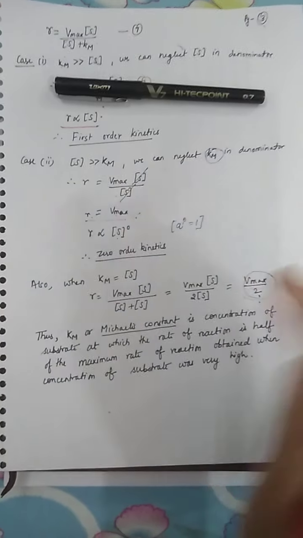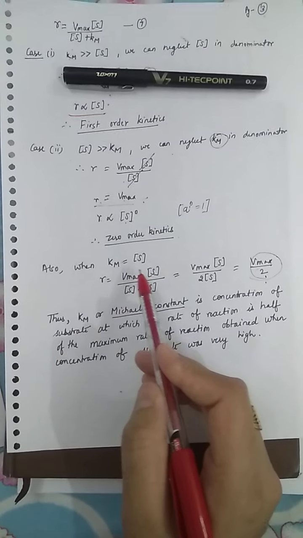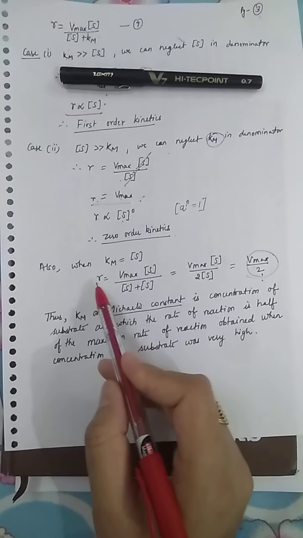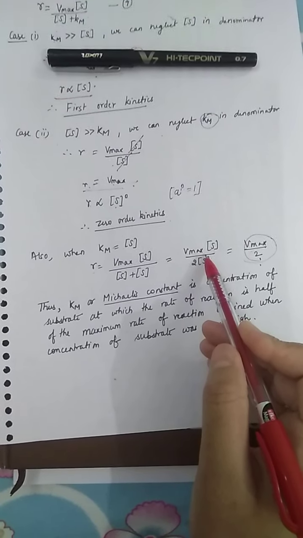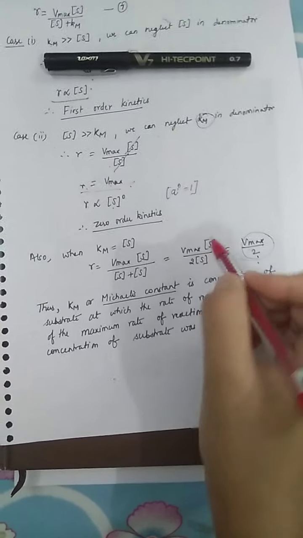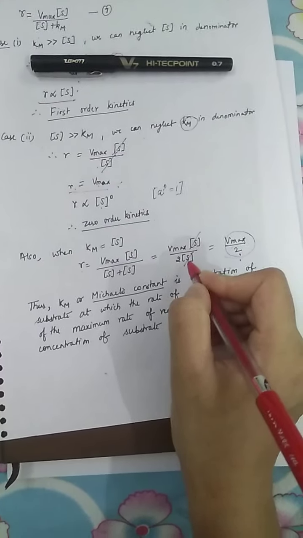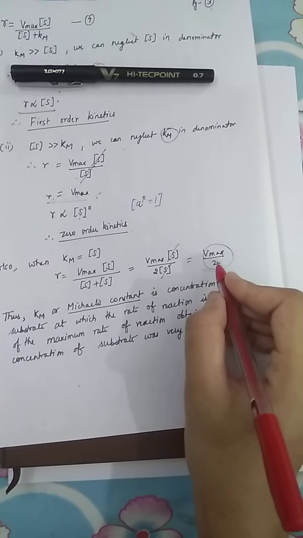Now when Km is equal to the concentration of our substrate, in that case our equation will become R equal to Vmax substrate concentration divided by twice the substrate concentration, and these substrate concentrations cancel out and our rate becomes equal to Vmax by 2.